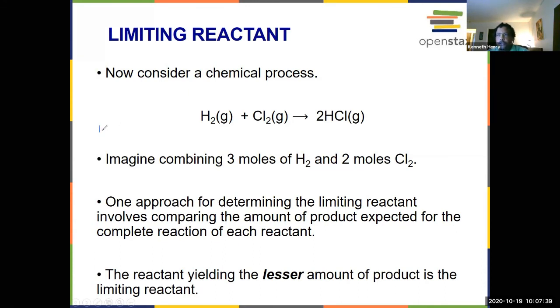So if we had 3 moles of hydrogen gas, for every 1 mole of hydrogen gas, we're going to need 1 mole of chlorine gas.